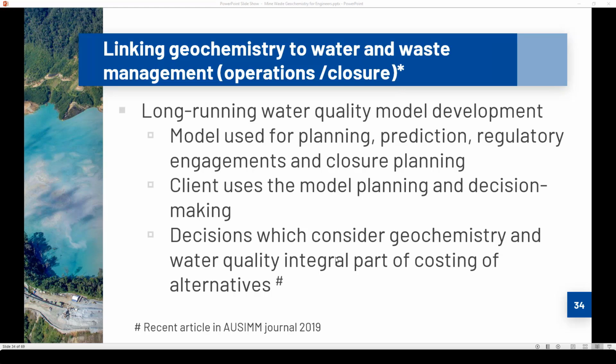Just as an aside, there has been a recent article in AusIMM Journal to show what the benefits are if a mine site proactively manages a lot of these issues early in the process rather than at closure. I'd encourage you to go and have a look at that particular article, which is in the reference list that I'll provide.